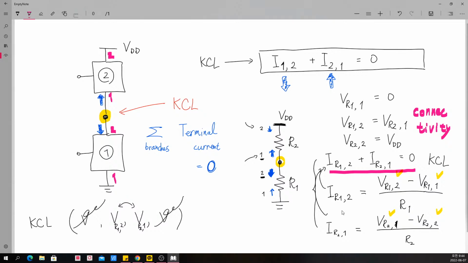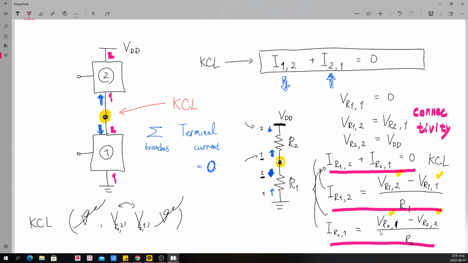So now you can just specify the terminal currents, and additionally, you have to also consider the voltages of each terminal. For example, if your terminal is connected to a certain voltage source, for example, ground or Vin or VDD, then you can just specify that value.